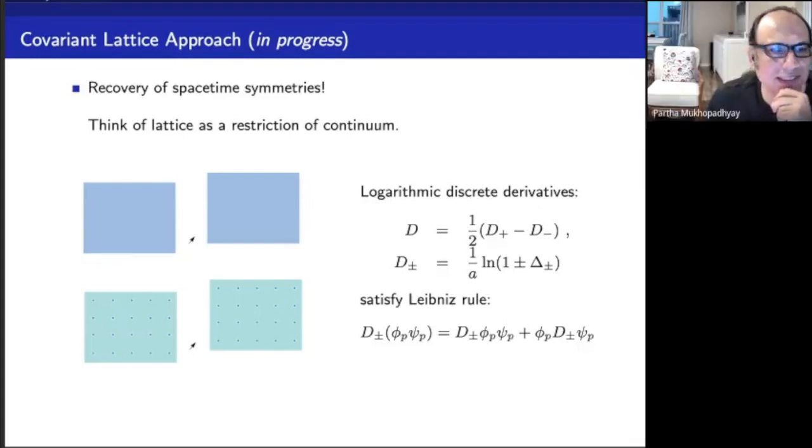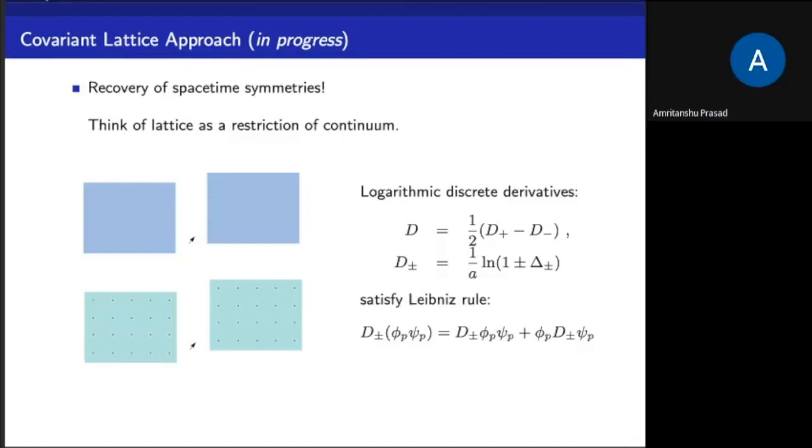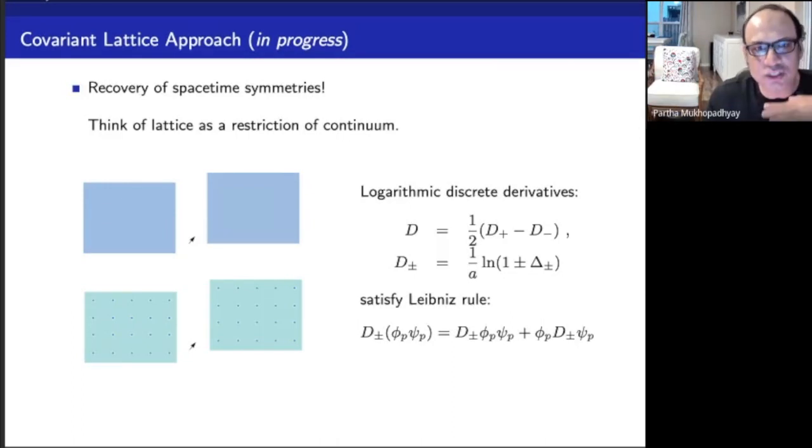Yeah, I think any difference calculus literature will have it. See, the thing is very simple. If you take phi p plus 1, the delta plus is the difference between phi p plus 1 and phi p. Since you are thinking of this as a restriction of the continuum, phi p plus 1 can be Taylor expanded around phi p, and that Taylor expansion is an exponential of the ordinary derivative.